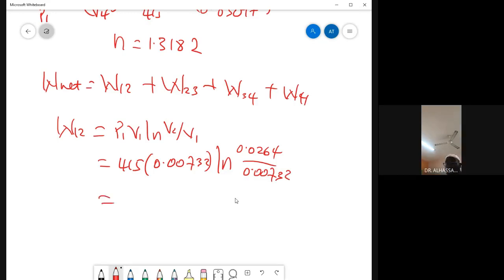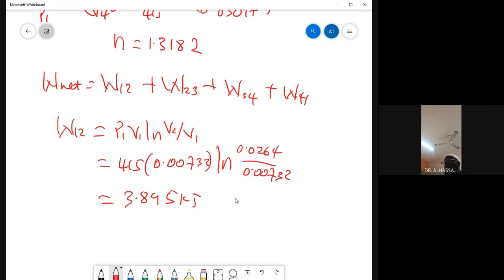So eventually, this gives 3.895 kilojoules. So W23 is constant pressure process. We know already.